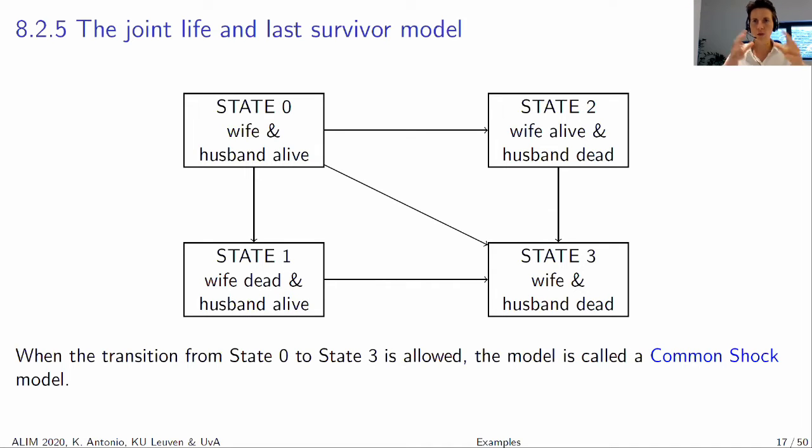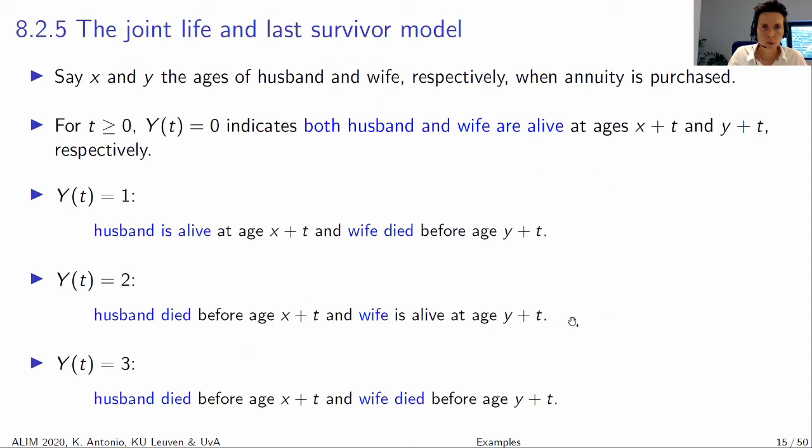Now we want to be able to extend this to 2 partners, or perhaps to 3 or 4 family members, or whatever you need to put together. So that can also be treated with these concepts of multi-state models. I skipped one slide, but I think it's quite obvious. What we do here is we say let X and Y be the ages of the 2 partners, say the age of husband and wife, when the annuity is bought.